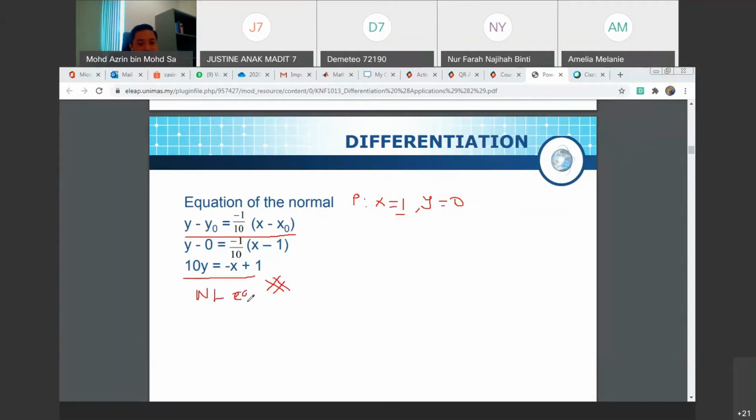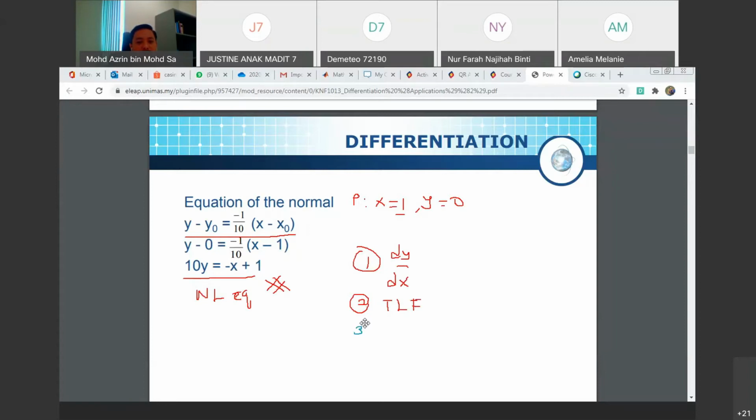Okay, so first, find the slope. Slope is dy over dx. Then second, you use the tangent line formula or equation.